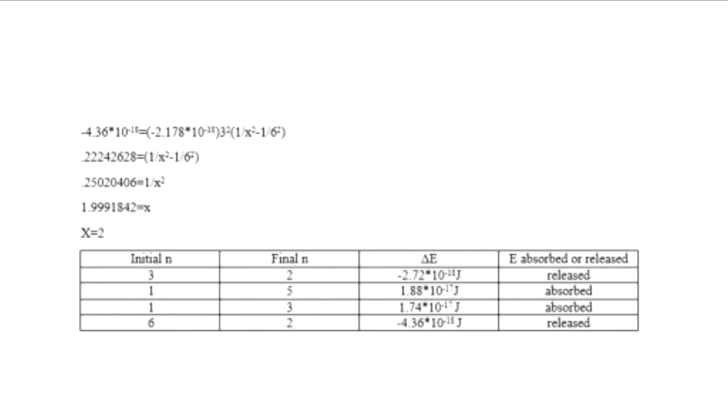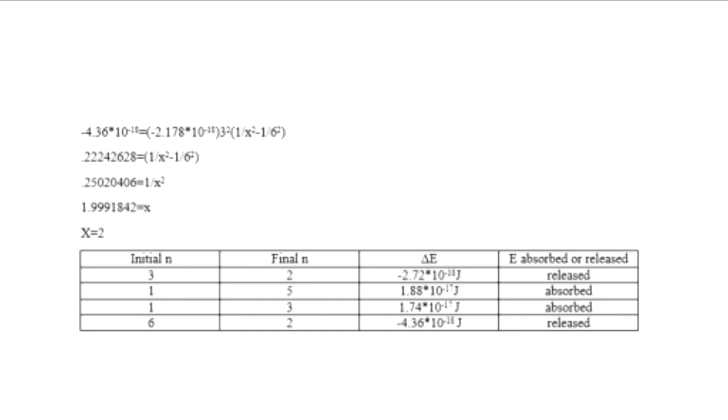When we equate this to negative 2.178 times 10 to the negative 18 times 3 squared times 1 over x squared, x being the final subshell that we are to find, minus 1 over 6 squared, 6 being the initial subshell, we get that we now need to divide negative 4.36 times 10 to the negative 18 by negative 2.178 times 10 to the negative 18 times 3 squared, which would give us 0.2224268, being equal to 1 over x squared minus 1 over 6 squared.